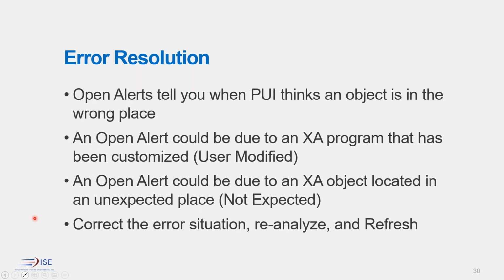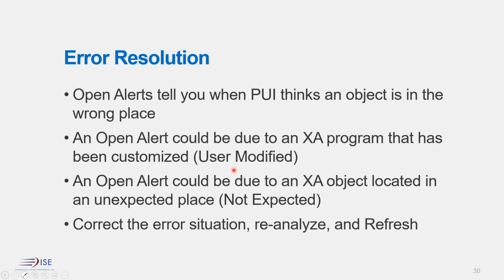So there's actually 2 different types of open alerts. We have our user modified open alert. You're going to get these when you have customized some XA programs and put them in a custom library called something like XA map mods, because you're going to have that custom library in your library list.